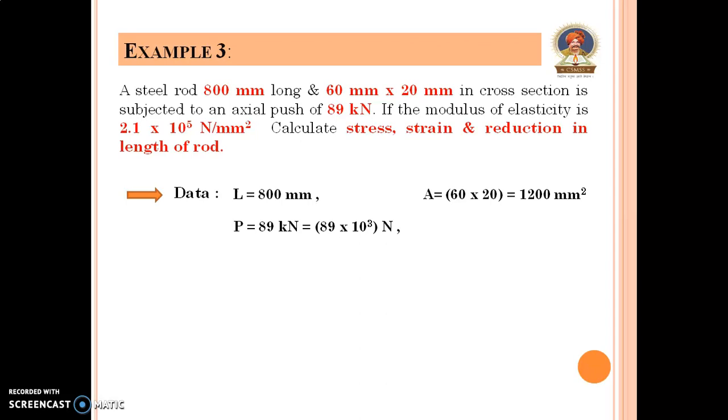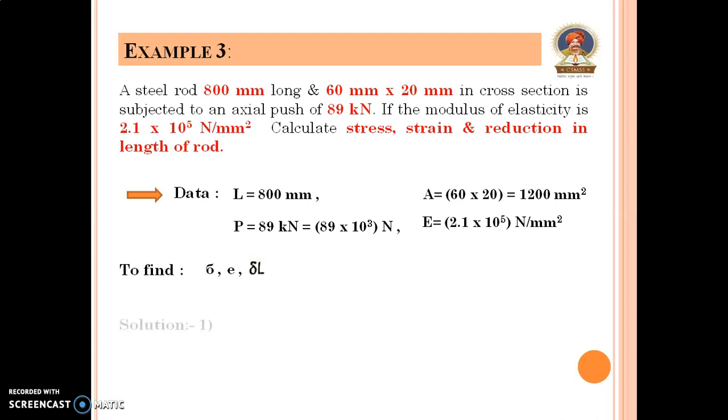Then modulus of elasticity is given, that is E is equal to 2.1 into 10 raised to 5 Newton per mm square. So calculate here stress, strain and reduction in length of rod, that is delta L. So first of all we are going to calculate the stress.